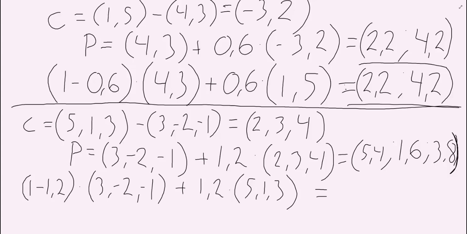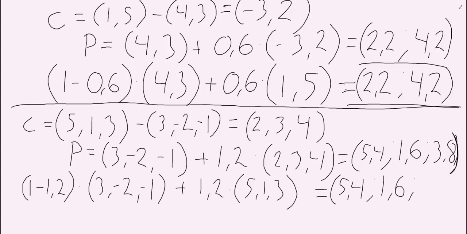So we have 6 minus 0.6, that's 5.4. Then we have minus 2 times minus 0.2, that's 0.4, plus 1.2, that's 1.6.